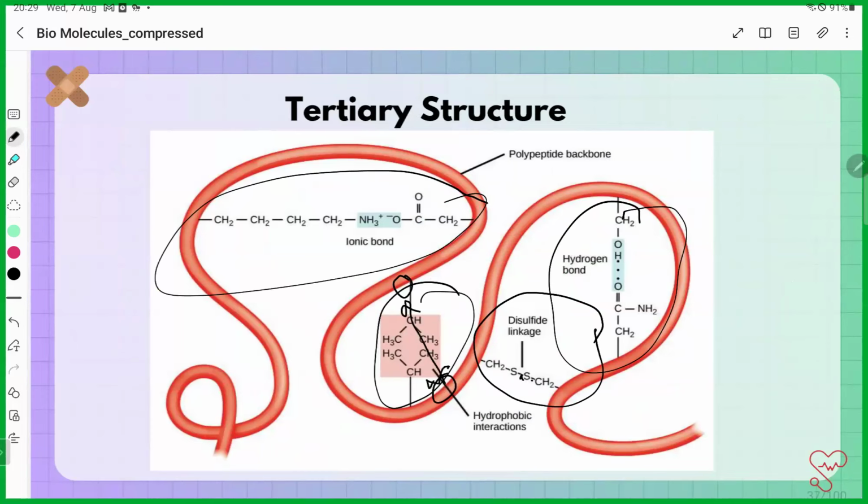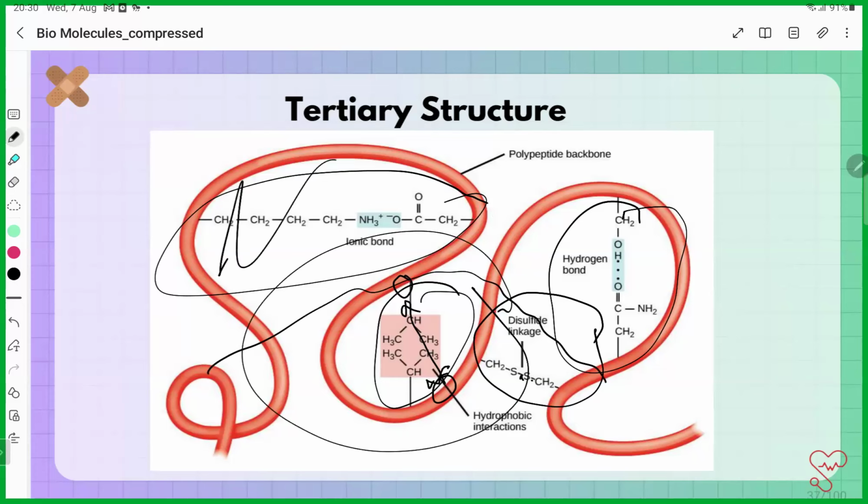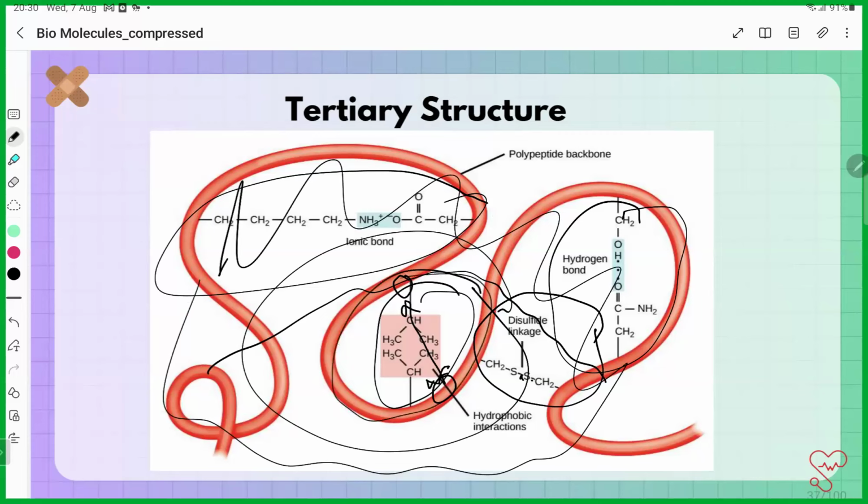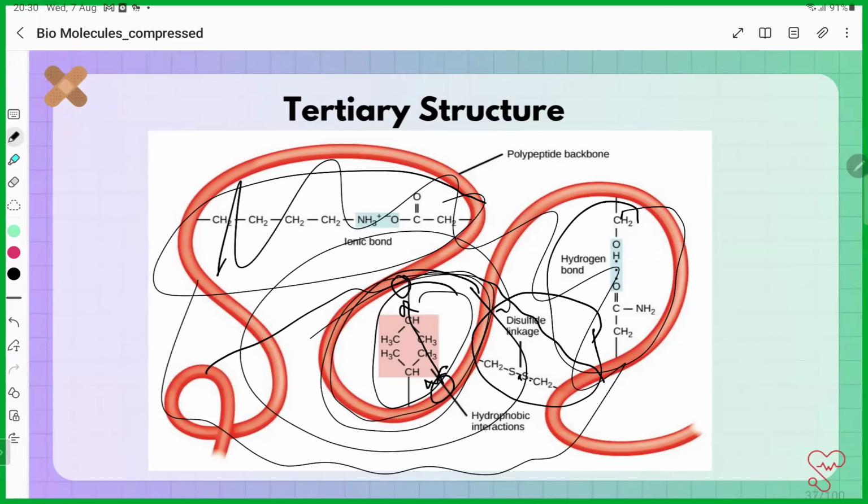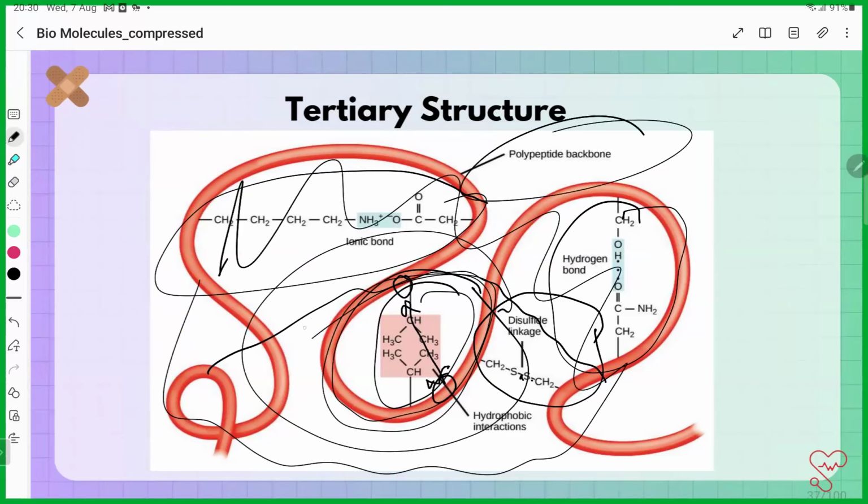And if you look here also, on the outside of the tertiary structure we have the hydrophilic, and on the inside we have the hydrophobic. So always remember, everything else is on the outside of the molecule. Hydrophobic should always go to the inside of the molecule because they are scared of water reaching them, so they are always protected from the outside. They also have a polypeptide backbone, which is this, made up of many peptide bonds and amino acids.